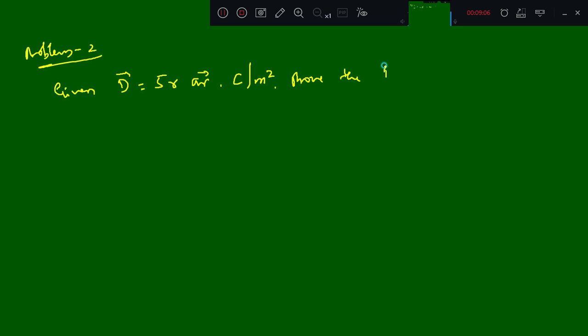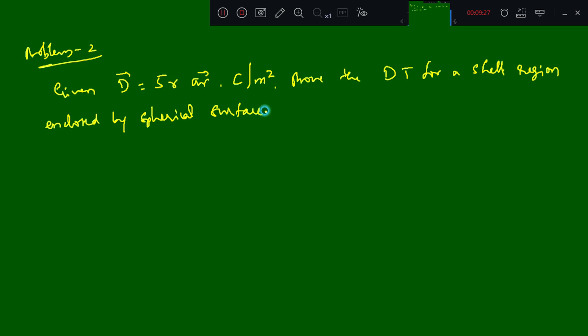Prove the divergence theorem for a shell region enclosed by spherical surfaces at r equal to a and r equal to b, where b is greater than a, centered at the origin. So this is the problem statement.